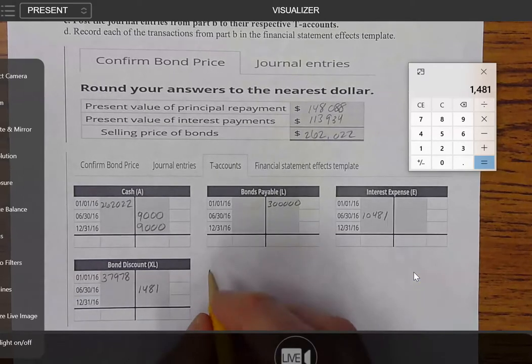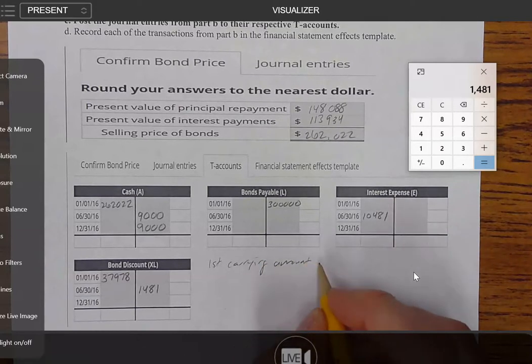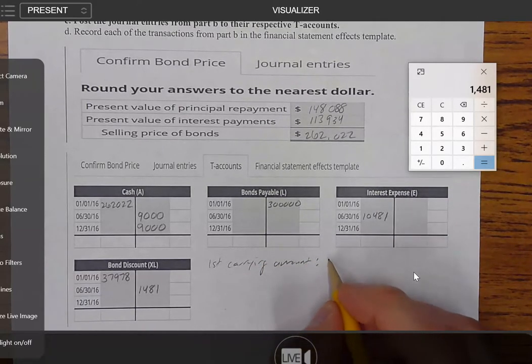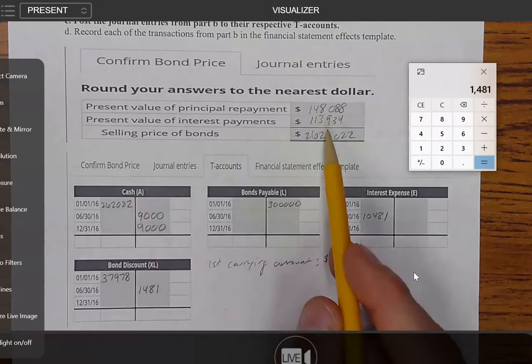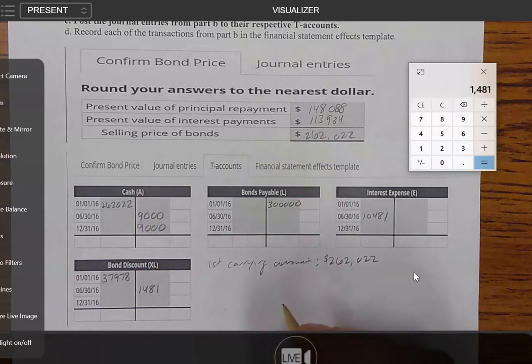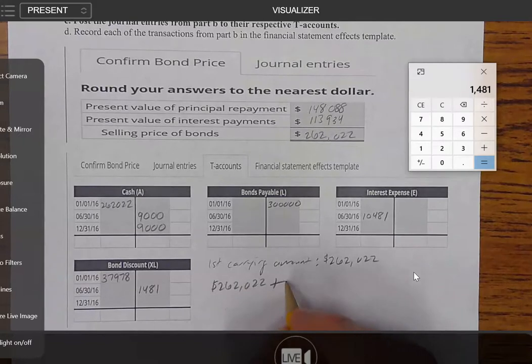So our initial carrying amount was 262,022. This figure right here, and they gave it to us up top again. However, that's no longer our carrying amount. We have to take the 262,022 and add to it this 1,481 here.